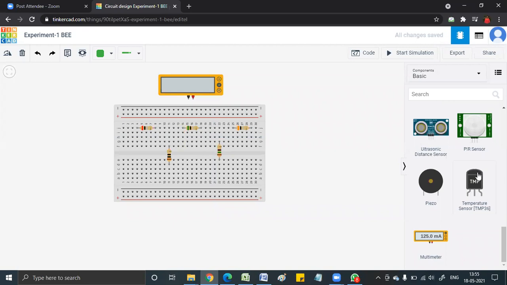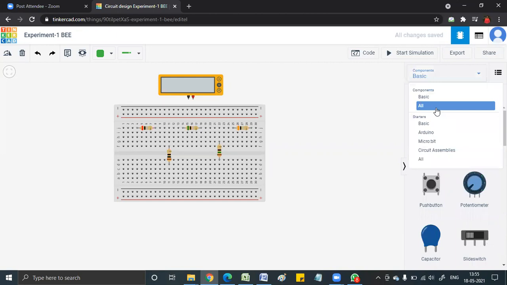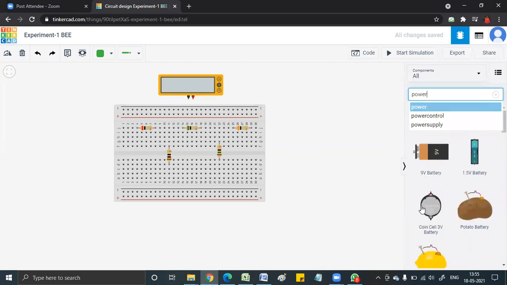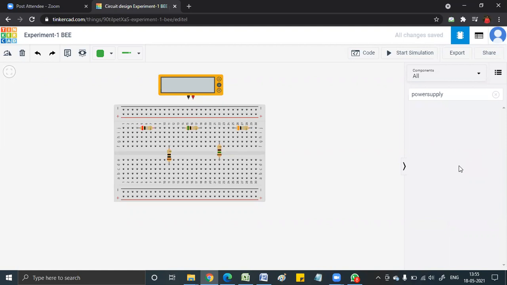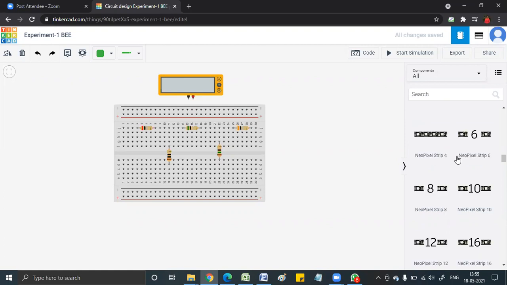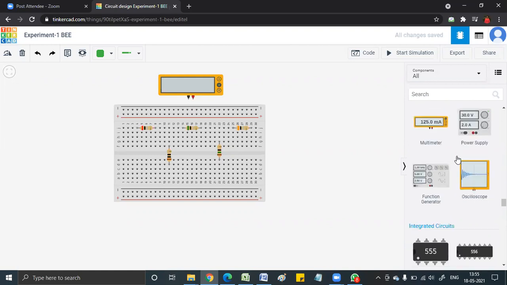Okay, so I know that I'll be requiring one multimeter, and what else? Components.